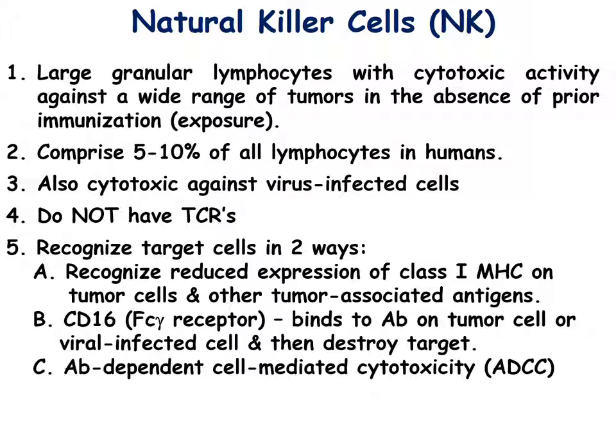They also have a receptor known as CD16, which binds the stem portions of antibody molecules, and that enables them to destroy the target that way. So they are important in a process that we call antibody-dependent cell-mediated cytotoxicity, or ADCC for short. And we'll talk about that a little bit more later on.